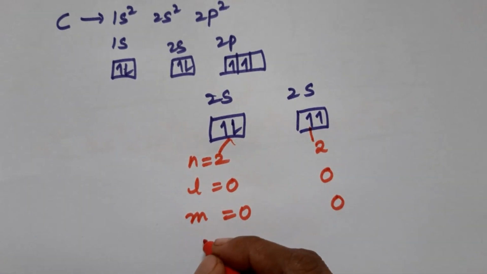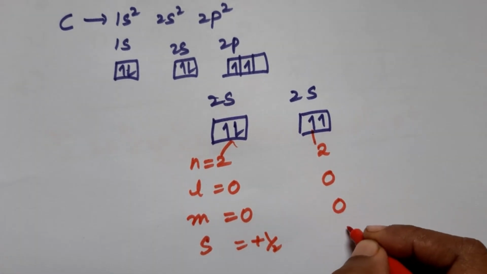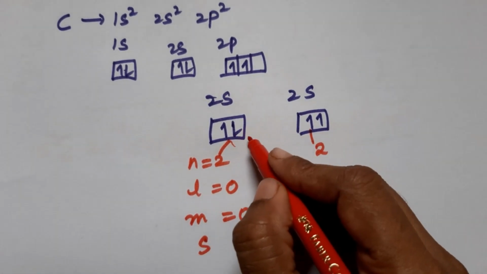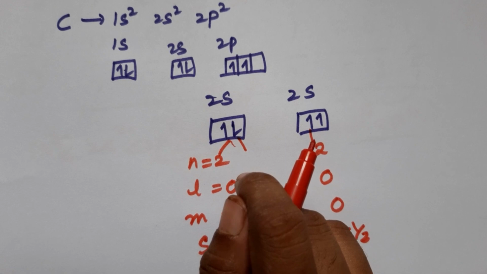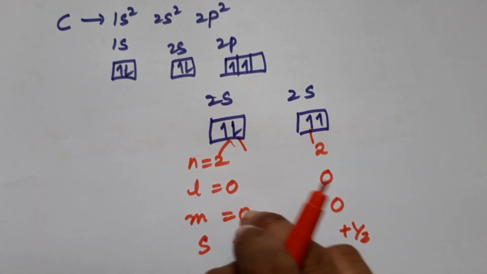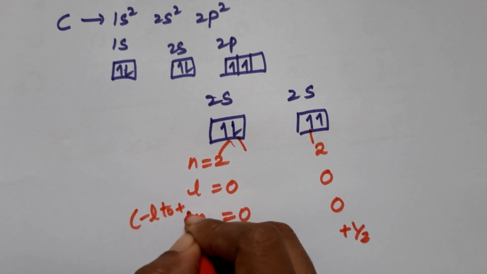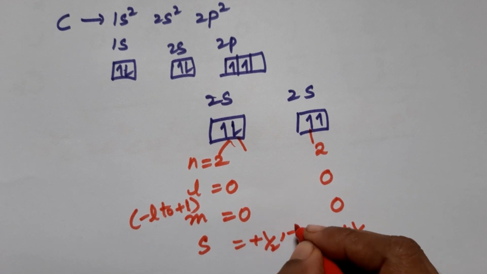For this electron, for s orbital the spin is plus half, and for the other it is also plus half. For example, if you observe this electron, the n value is also 2, L value is 0. m starts from minus L to plus L, so it is 0. Here the spin value is minus half.